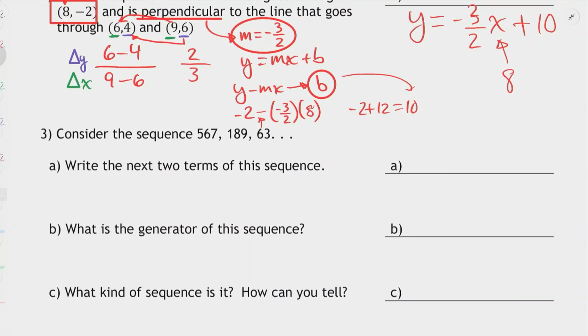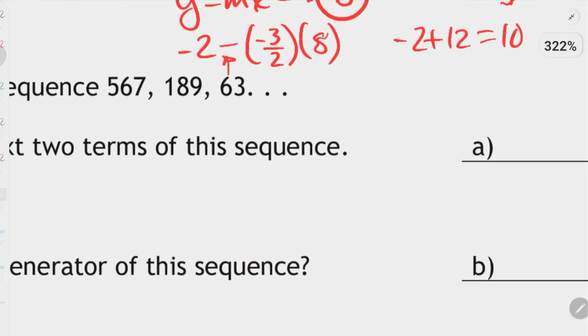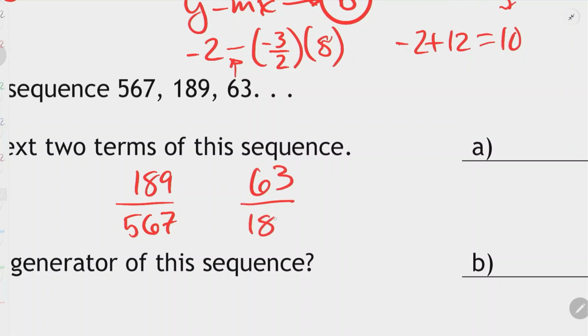All right, on to question 3. It says, consider the sequence. If I look at these terms, I could play with them on my calculator if I think there's a common difference. But it turns out for this sequence, there is a common ratio. If I take 189 and divide by 567, I get the same value as 63 divided by 189. In each case, these are equal to 1/3.